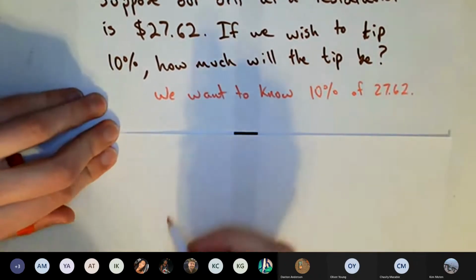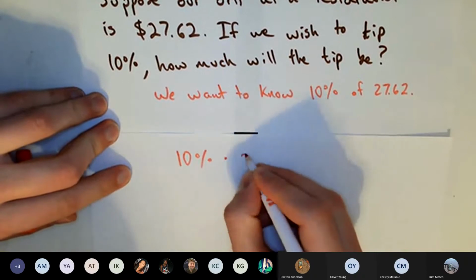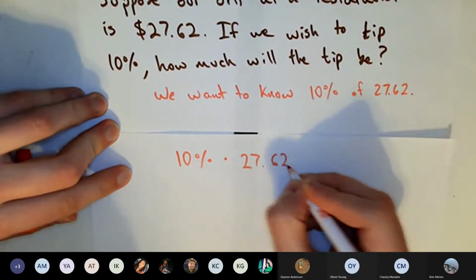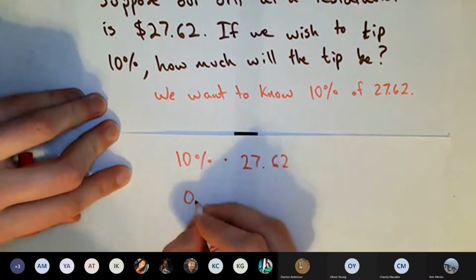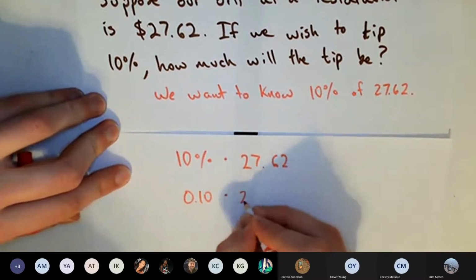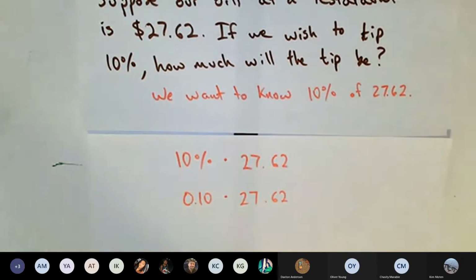So all we have to do is take 10% and multiply it by 27.62. In other words, take 10%, which as a decimal is 0.10, and multiply it by 27.62.